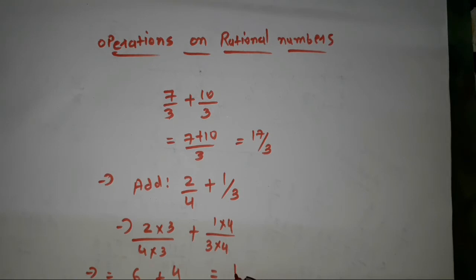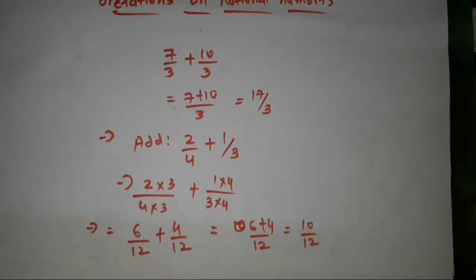Now we can add these numbers. So we will get 6 plus 4 upon 12, and 6 plus 4 is 10, upon 12. Now 10 upon 12 is the answer, but both are divisible by 2, so we can find the reduced form, because we have to give the answer in reduced form.